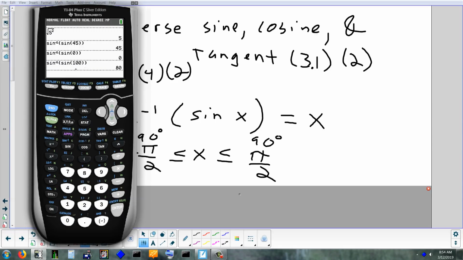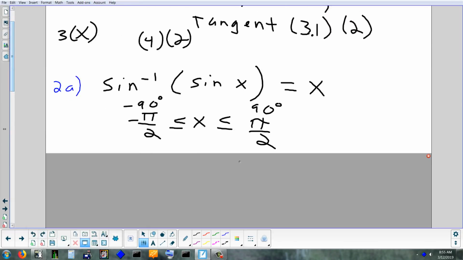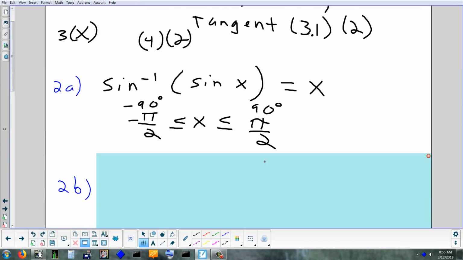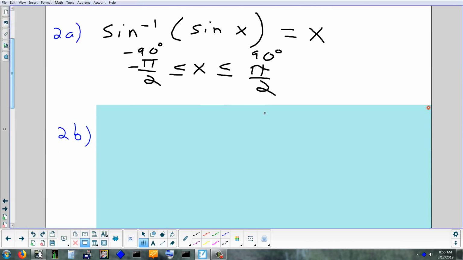You typed in 100 to start. So it can't give you back 100 because that's not between the two numbers that we said yesterday, right? So it's got to be between negative 90 and 90 for formula 2a to work. You don't have to know it's formula 2a, that's just what the book calls it, so I just use that name. Let's look at formula 2b.